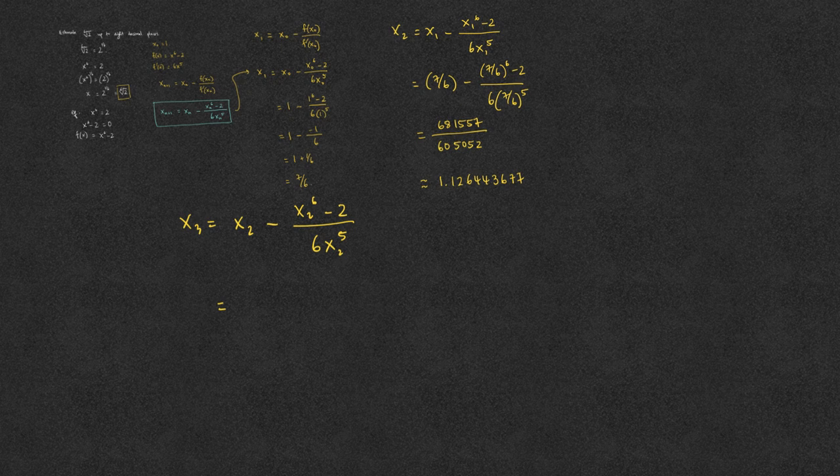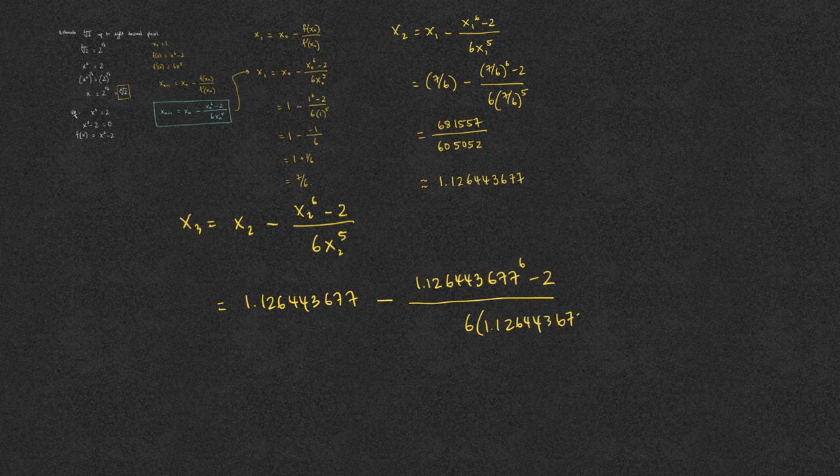But x sub 2 is 1.126443677, so substitute x sub 2 into this formula: 1.126443677 minus 1.126443677 to the 6th power minus 2 over 6 times 1.126443677 to the 5th power.